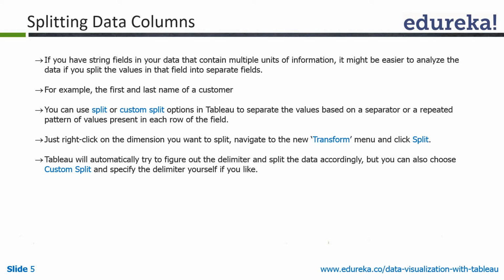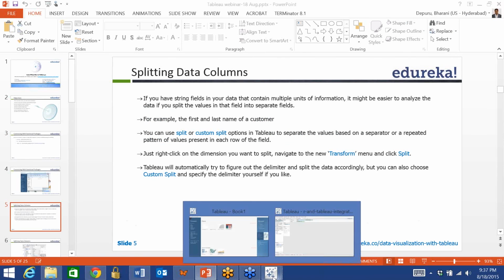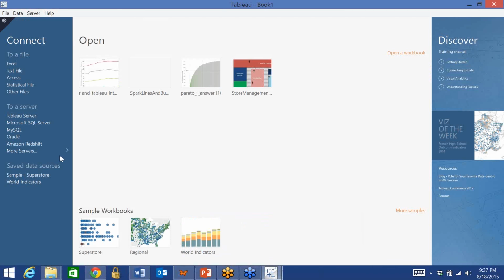Second good option here is splitting your data columns. Say you have a column and you want to split that, right? How do you do that? Let me show you in Tableau once. So Tableau has two default data sources which are available for you to access.